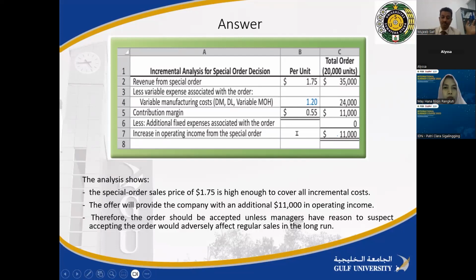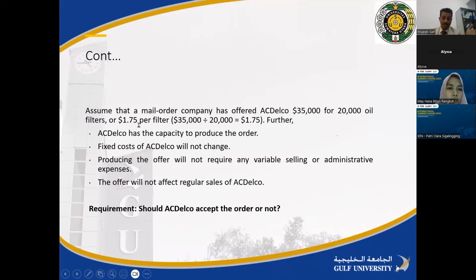So you can see the difference between the previous managerial accountant, who doesn't have experience, and the managerial accountant who has experience. How is the decision different? The previous one, who doesn't have experience, said no, we should not accept this offer because the price is less than our normal price.